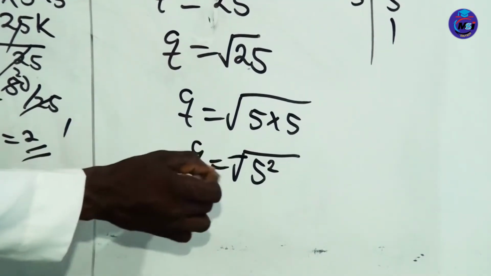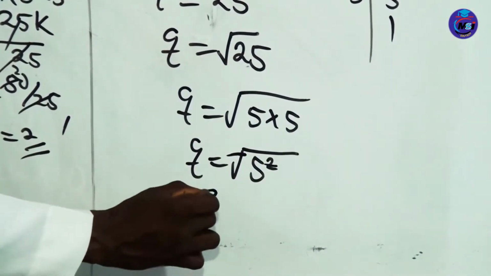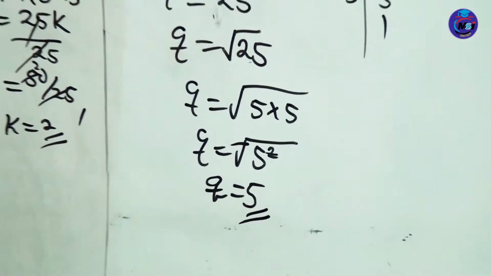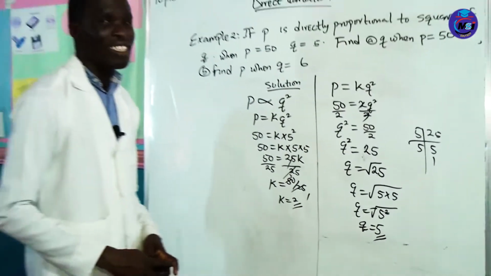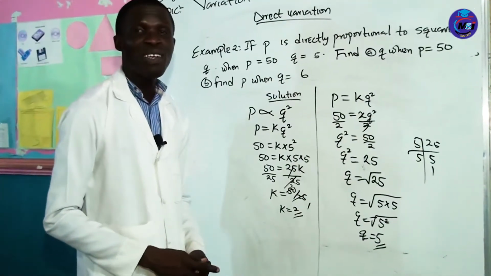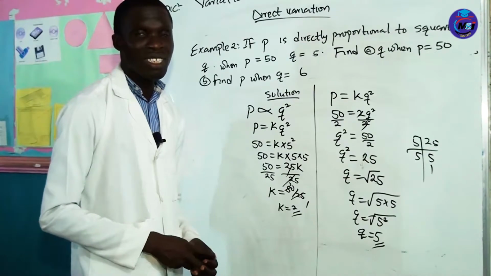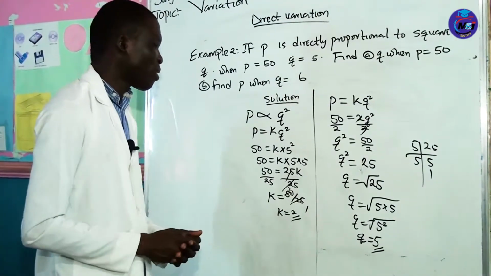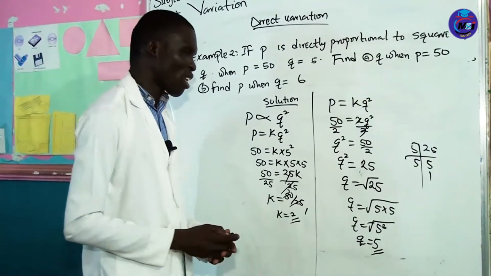So this cancels this, our Q will be equal to 5. I believe you get it. And I think you're supposed to know that the square root of 25 is 5. The square root of 36 is 6. At this level, you should be able to know that. But in case you don't know it, that's why I work it out for you.